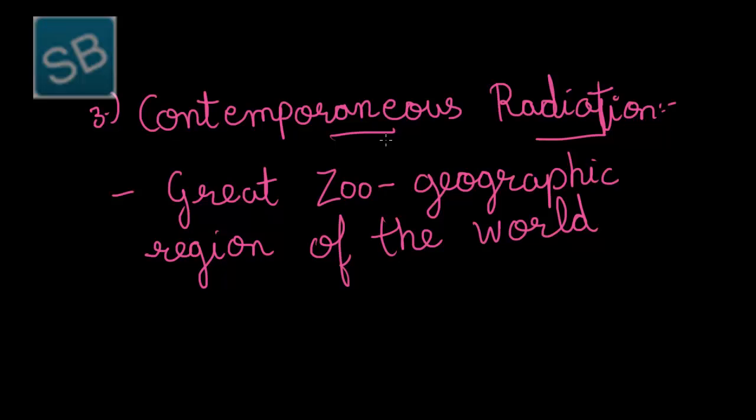That is, the animals that belong to such a region, which involves zoogeographic regions of the world, are known as contemporaneous radiation. Such animals exhibit this type of radiation.